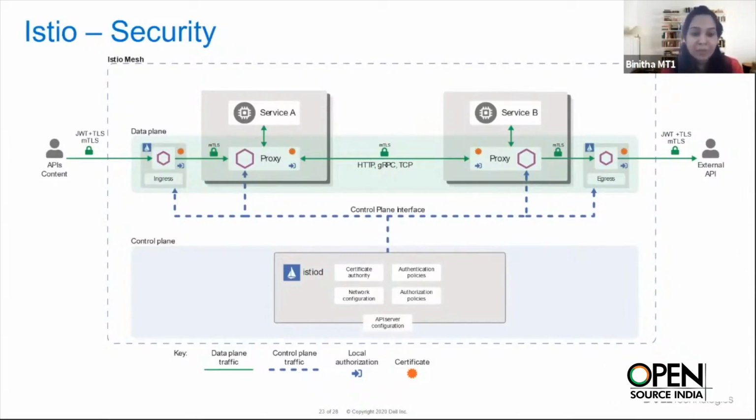The second thing is the configuration API server over here. This is responsible for your certificate authority, your authentication policies, your authorization policies, and also your network configuration. Like I said, it is a part of Citadel. Citadel does all these things, which come in the control plane.